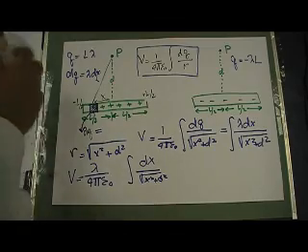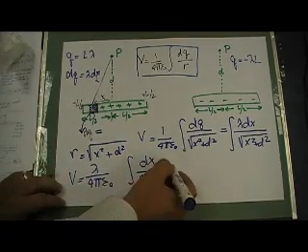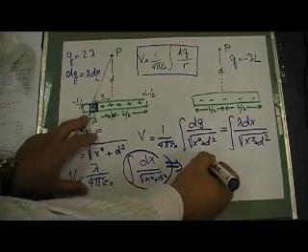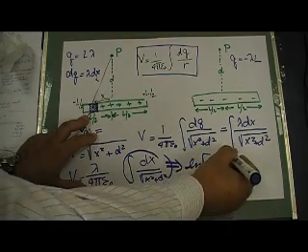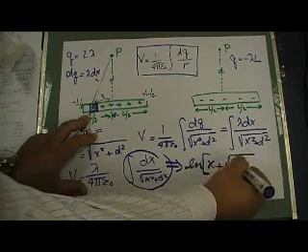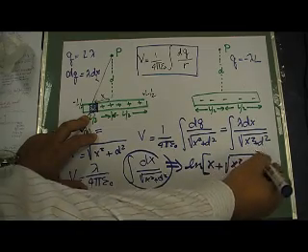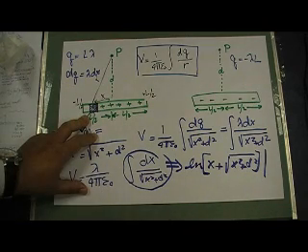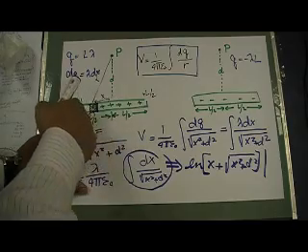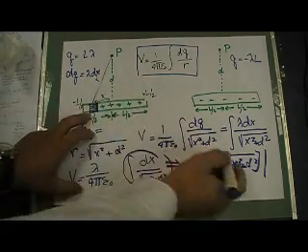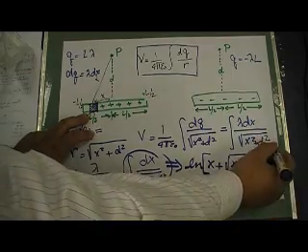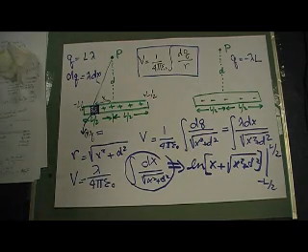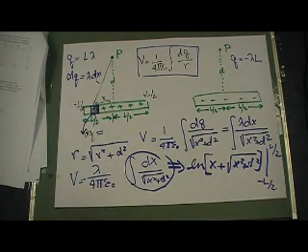This integral is equal to ln of x plus the square root of x squared plus d squared, and of course you have the limits from minus L over 2 to L over 2. Or you can take it from 0 to L over 2 and multiply by 2, it depends. And then you can evaluate that.